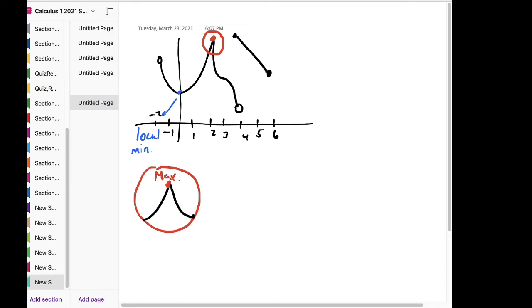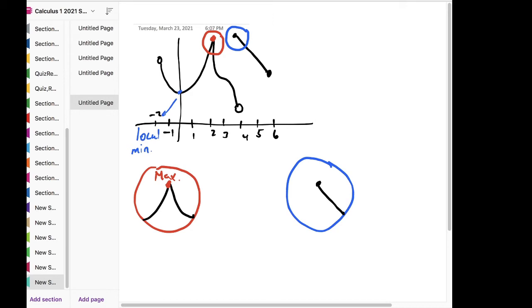Anywhere else? Good, yeah, also 4. So this one's funny, right? Because it's not continuous, but that doesn't matter. These things don't have to be continuous to be maximums. It still obeys the definition, right?